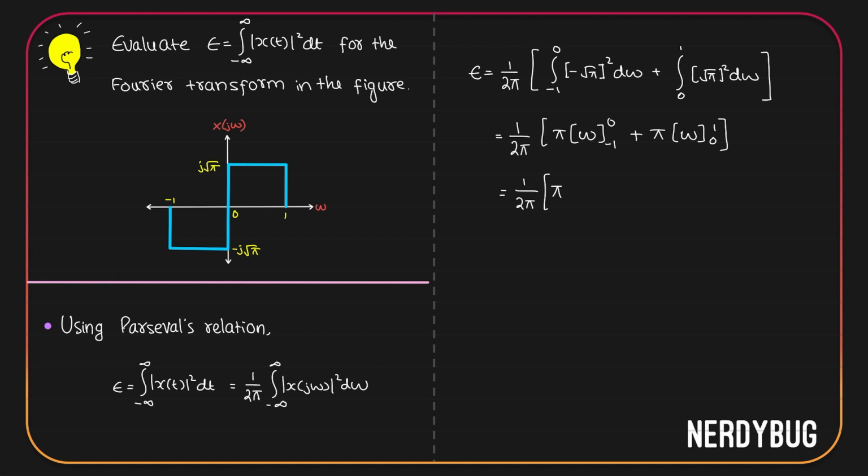Pi multiplied by upper limit 0, lower limit -1. 0 minus -1 is +1. So pi into 1 plus pi multiplied by upper limit 1, lower limit 0. 1 minus 0 is 1. So pi multiplied by 1. So this is simply 2 pi by 2 pi, or energy of the signal is 1 unit.